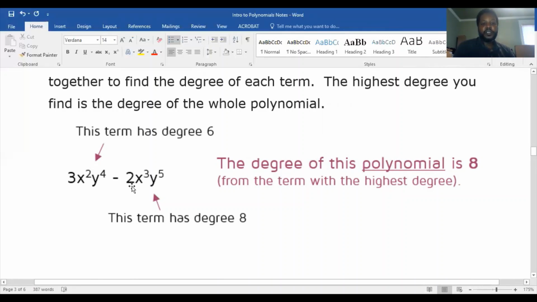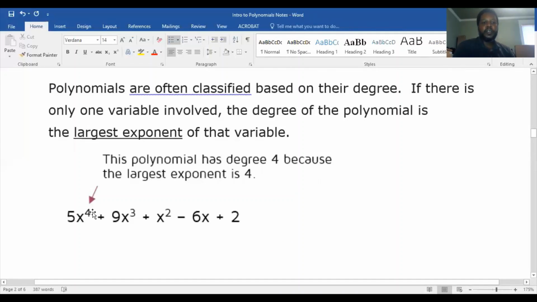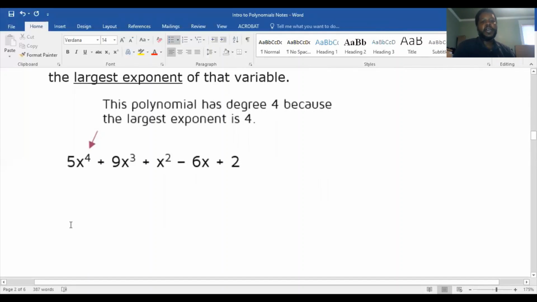The coefficient in front of that term is 2. So that's the leading coefficient, it would be 2. Go back to the previous example, we know that this term has the largest exponent, so the leading coefficient here would be 5. Yes, you're just looking at the number in front of that term. That's all you're looking for with the leading coefficient.